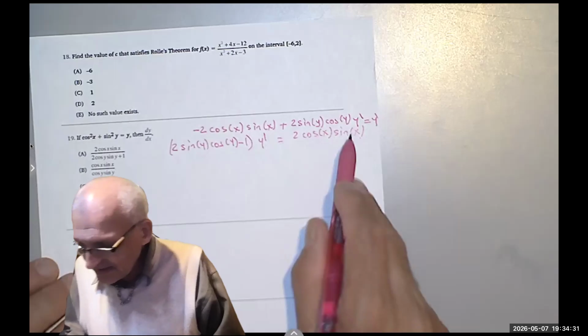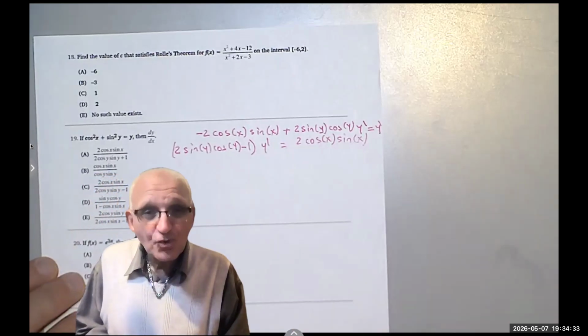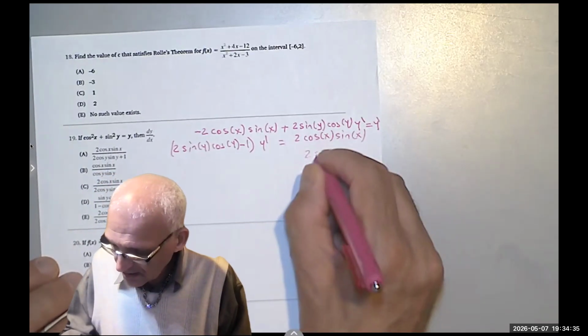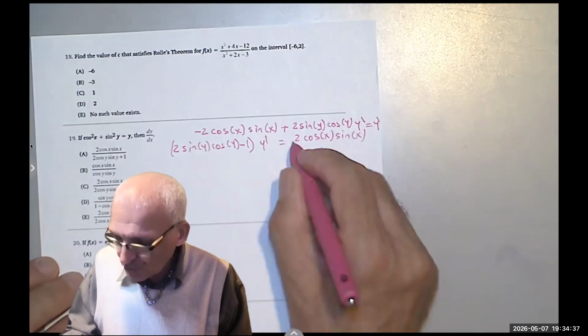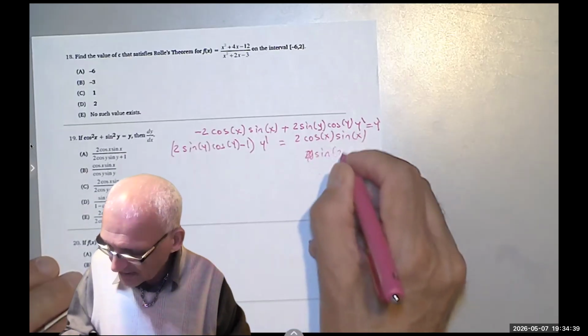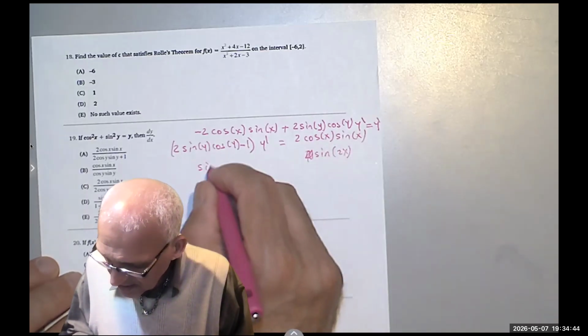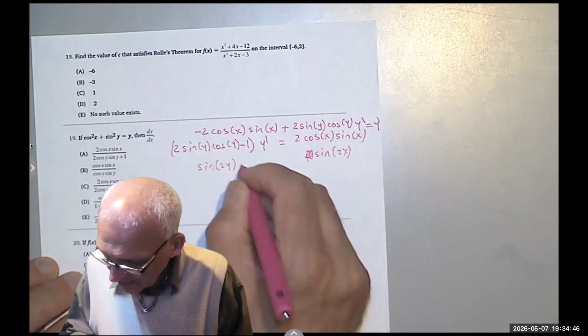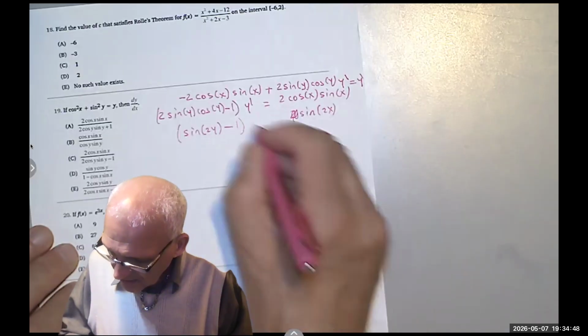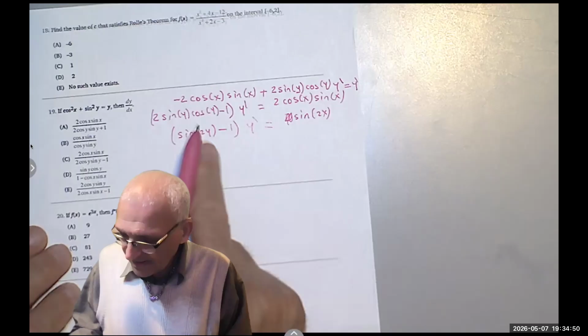Notice that 2 sine x cosine x is sine 2x. And 2 sine y cosine y is sine 2y minus 1. So I divide by that on both sides.